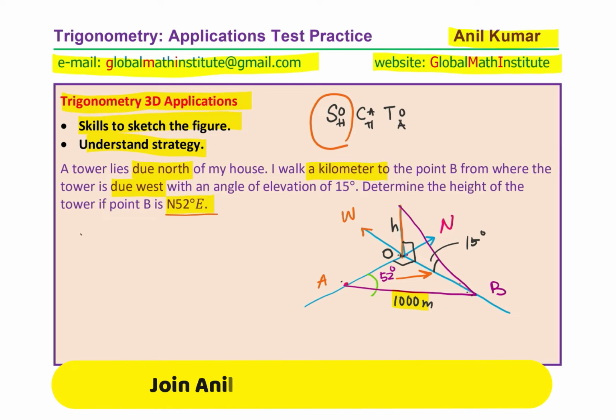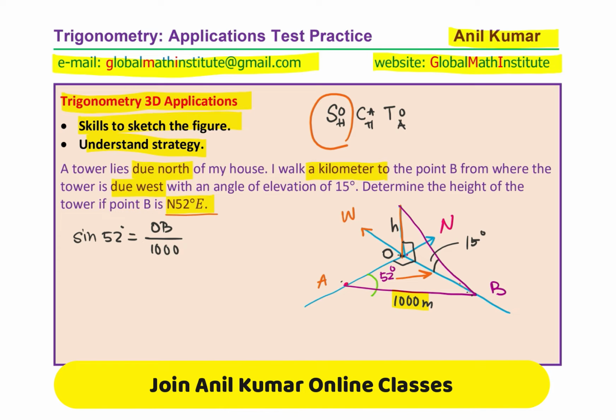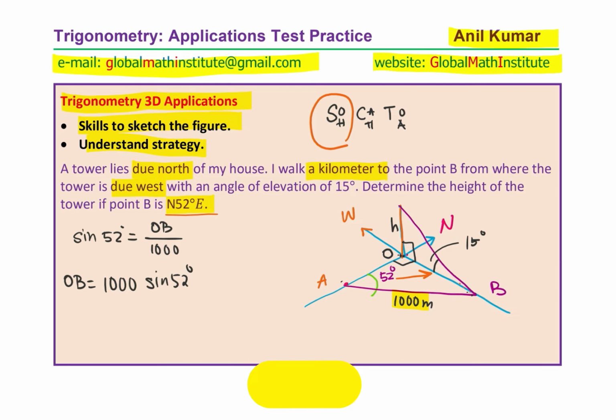So let's write down: sine of 52 is OB over the hypotenuse 1000, and therefore OB is equal to 1000 times sine 52. So let's use the calculator to find this answer. 1000 times sine 52, 788 rounded. So we get the distance OB as 788, right?